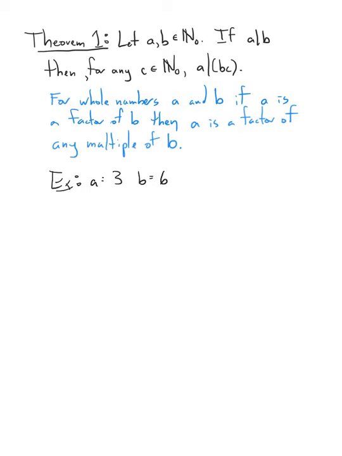Okay, and C can be any number, so let's make C 4. That will do. So let's draw this out. So if 3 is a factor of 6, what does that mean? Well, I should be able to write 6 as 3 times something, and of course it's 3 times 2.